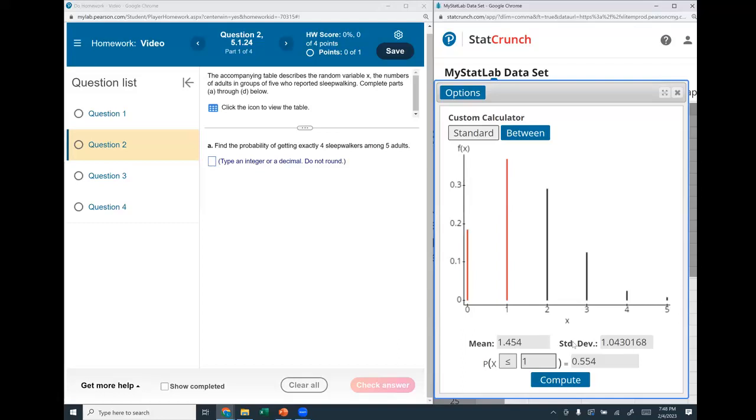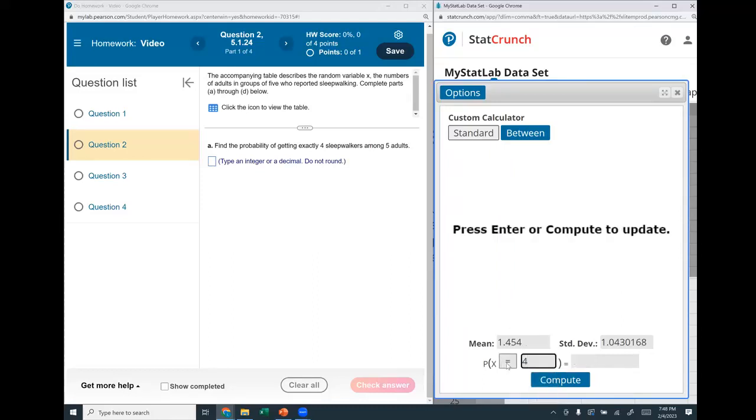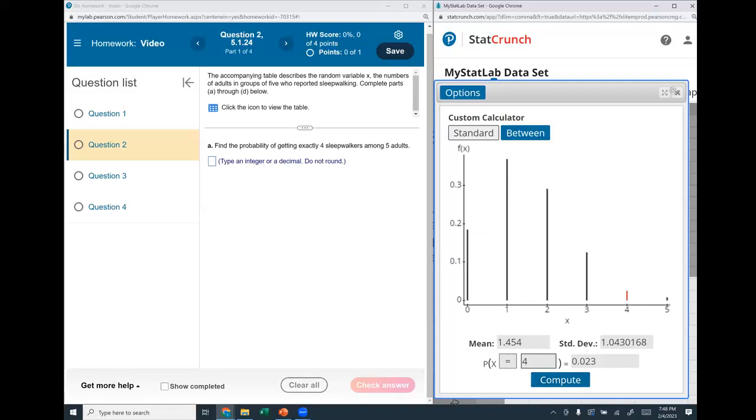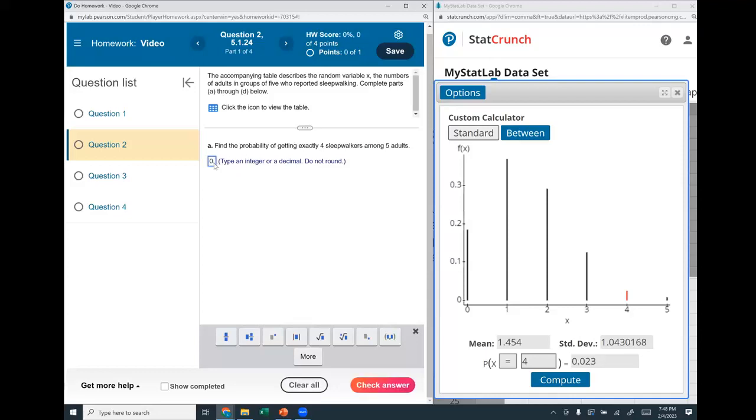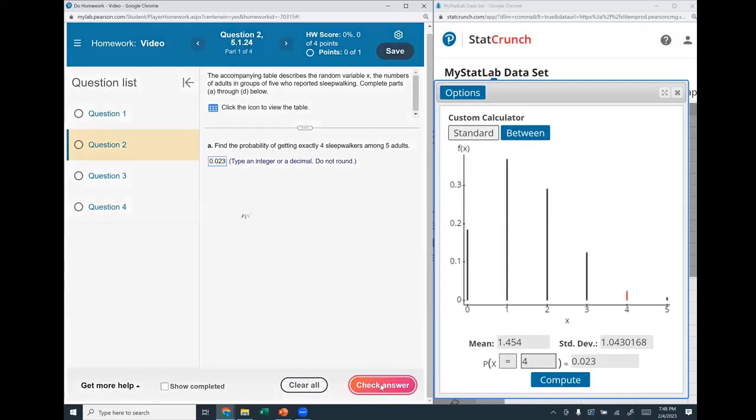I get my mean, I get my standard deviation, but I also have this other part down here, which actually tells me something. So this says the probability of X, and what I want is X equals exactly 4. I hit compute, and my answer is right there, 0.023. Perfect.